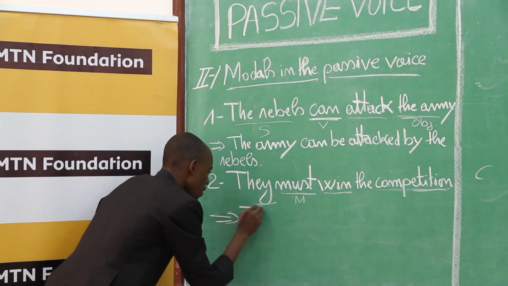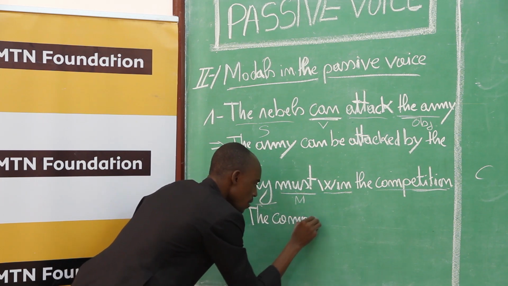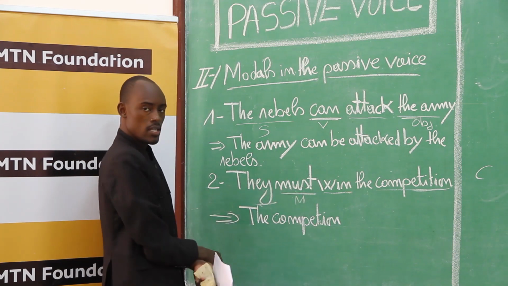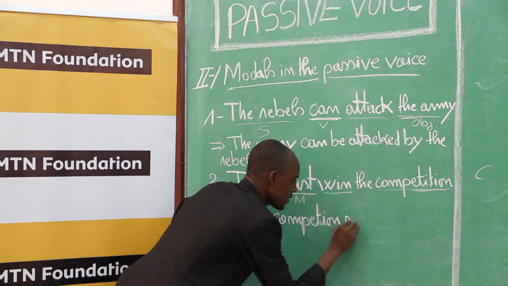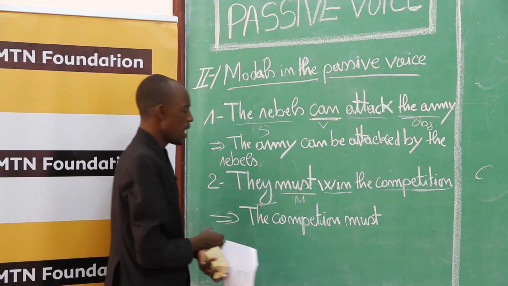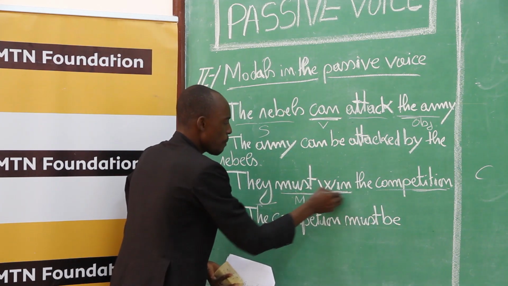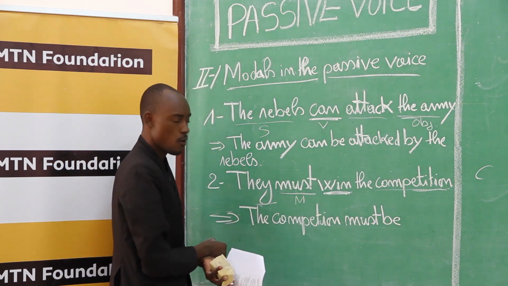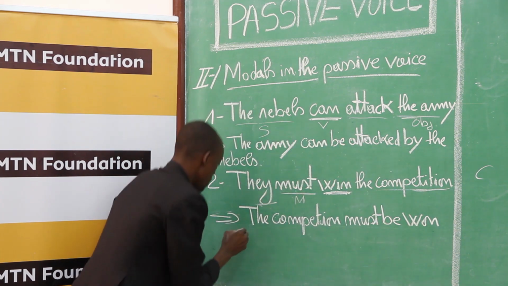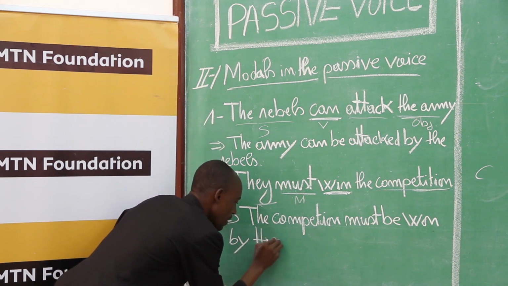Here we have the competition, and we take the modal verb must followed by the auxiliary be. Must be, and we take the past participle of the second verb. Must be won, by them.